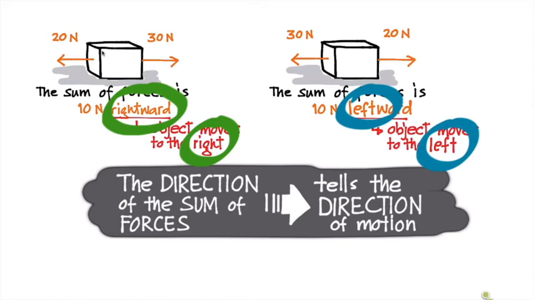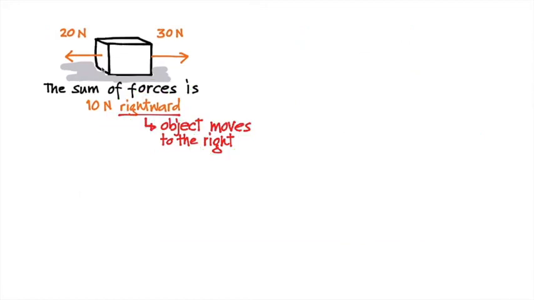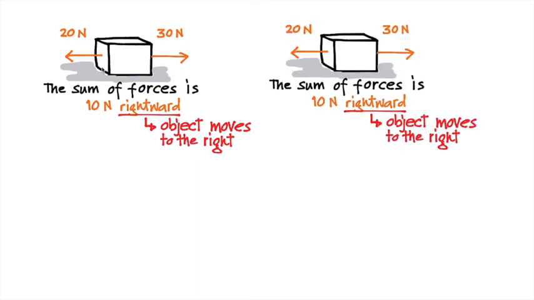Another thing that we can get, not from the examples here, but from the simulation, is that if you have a situation like this and you have another one there, instead of 30 newton we have, say, 100 newton. And what is going to be the net force? Then it's 80 newton. It's still rightward, but this time it's stronger.